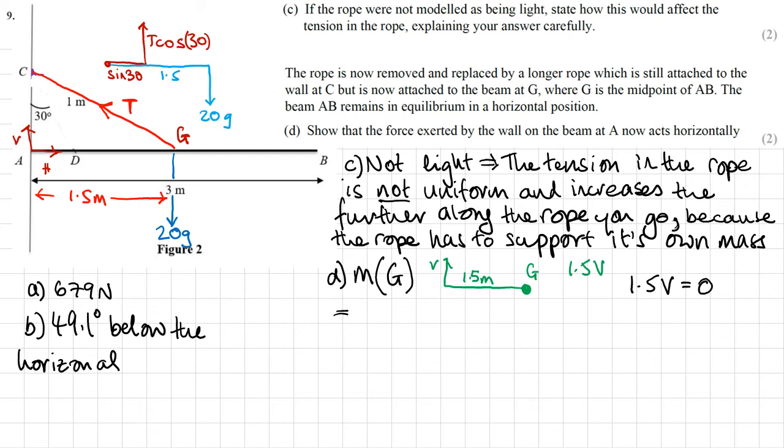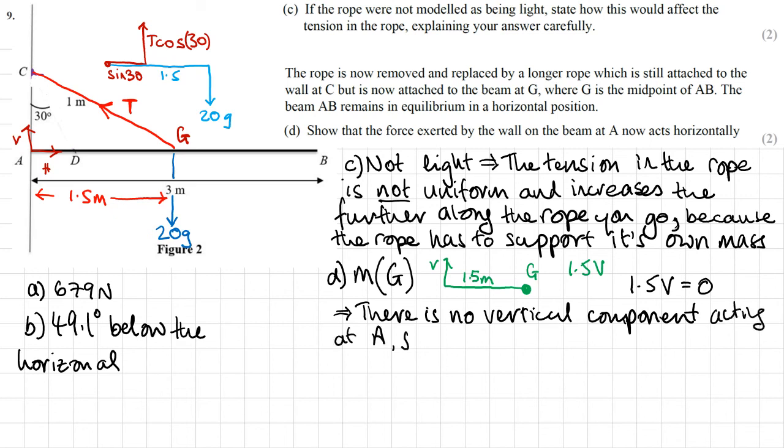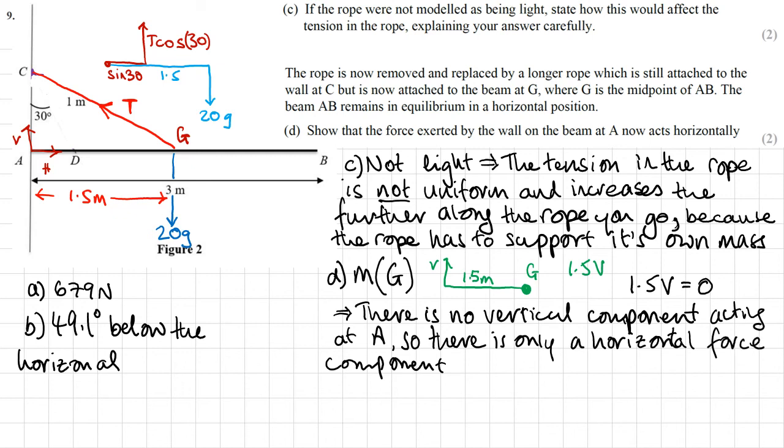So if 1.5 V is equal to 0, there is no vertical component acting at A, so there is only a horizontal force exerted at A.